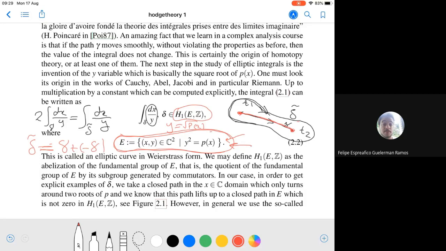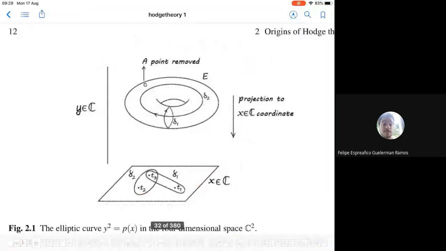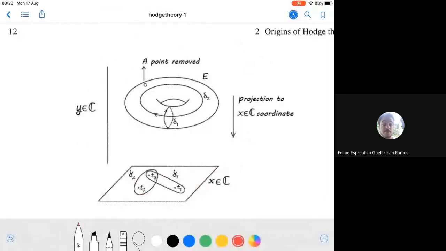In this simple example of an elliptic curve, what we will see is that it is actually a torus. By the complex equation, it is not at all clear. So just remember that the equation is: (x, y) in C2 such that y squared is p(x).